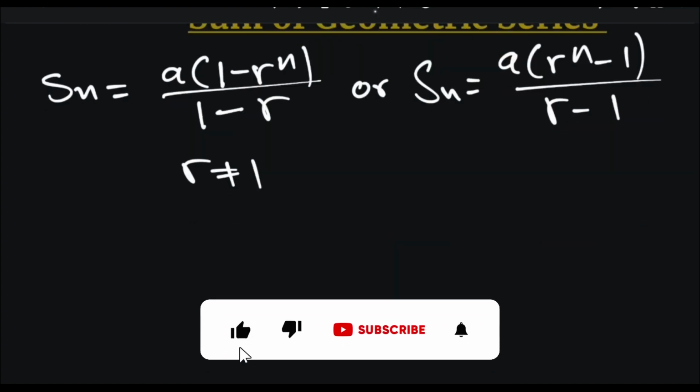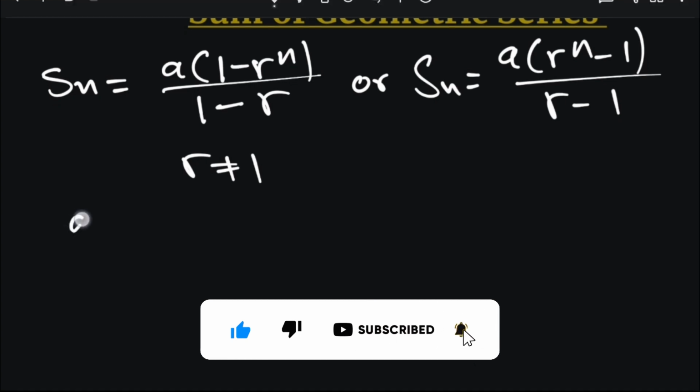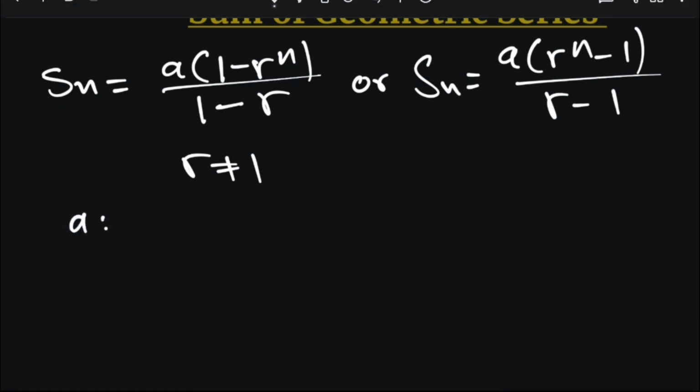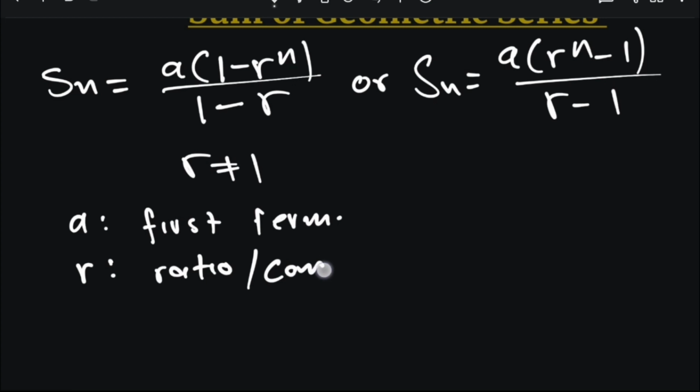Let's now define each variable in this formula. a is the first term of the series. r is the common or constant ratio of the series. Remember, the ratio must be common or constant.